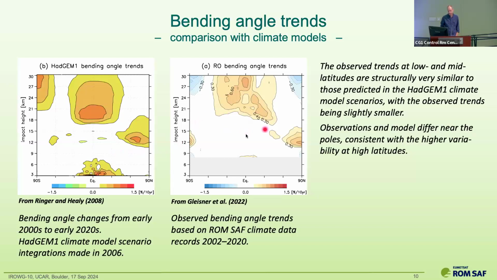So this was published in 2022, and it's a remarkable similarity. Much of this is probably a coincidence that it's so similar, but it's still fascinating to see how similar the trends are compared with what they said in early climate models back in, well, 15 years ago now.